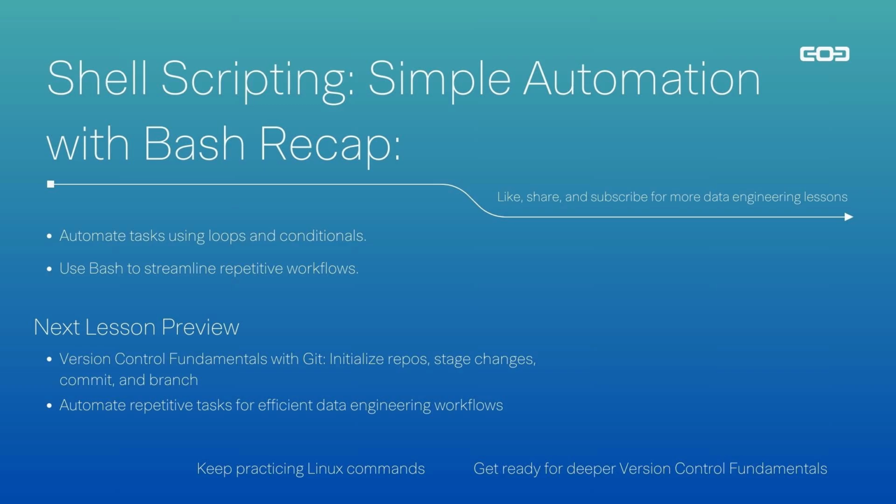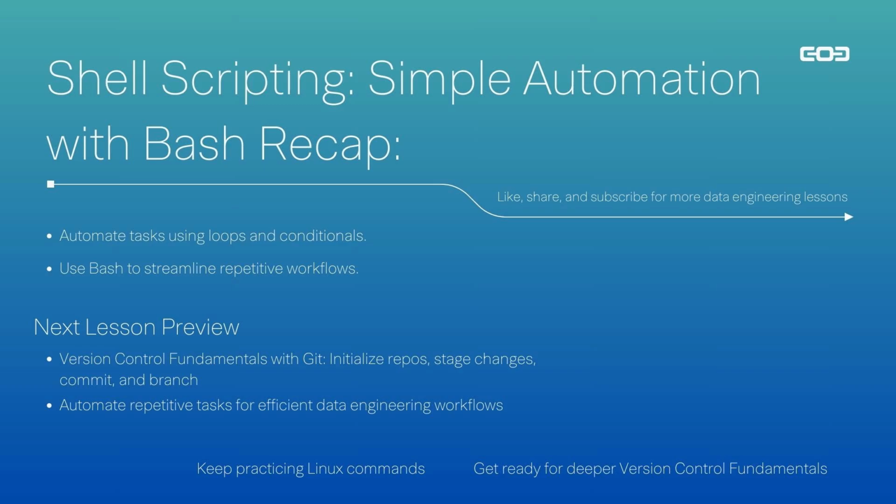How bash is structured, why it was created, how major companies use it for automation, and the fundamental code constructs like variables, loops, and conditionals. By combining those concepts, you can create powerful automation routines that help streamline data engineering tasks.